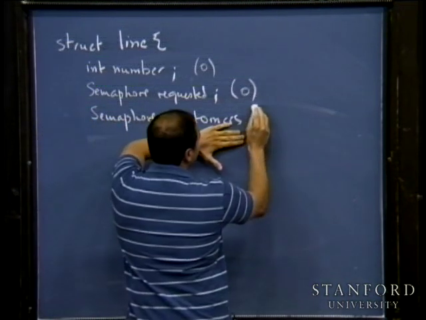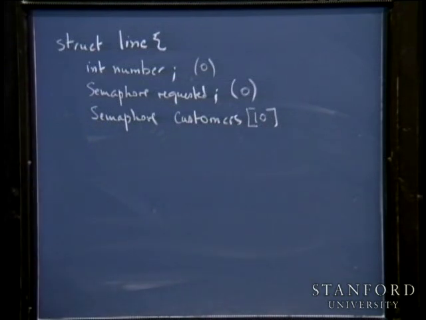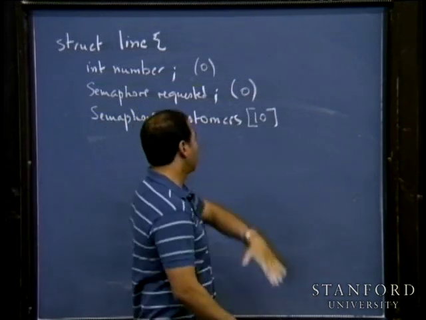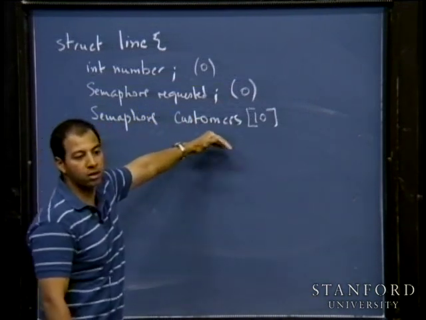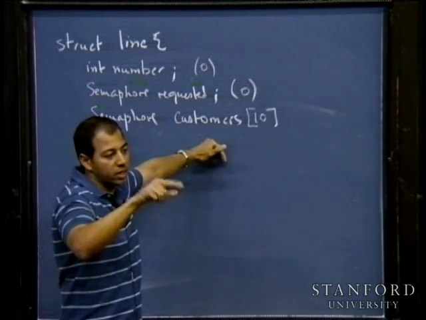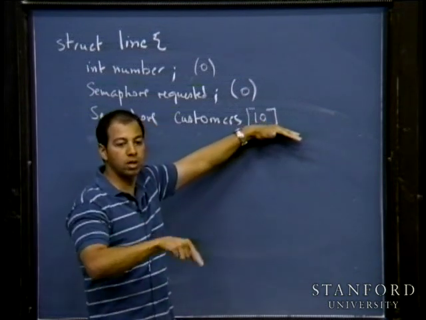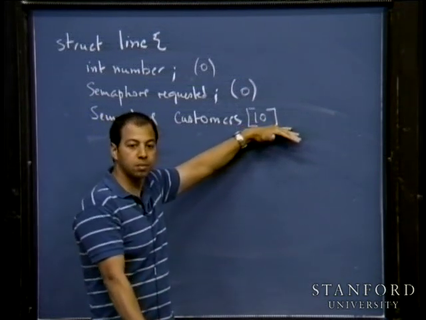So this is going to be an array of 10 semaphores, one for every single customer in turn, okay? So you come, you pick a number, you know you're number 3, then you are gonna wait on the semaphore of 3. And the cashier, once he gets to your turn, he's gonna signal customer of 3 so that it's your turn to leave. Make sense?